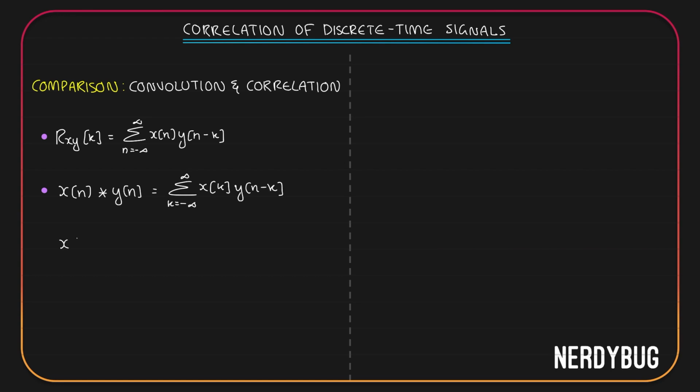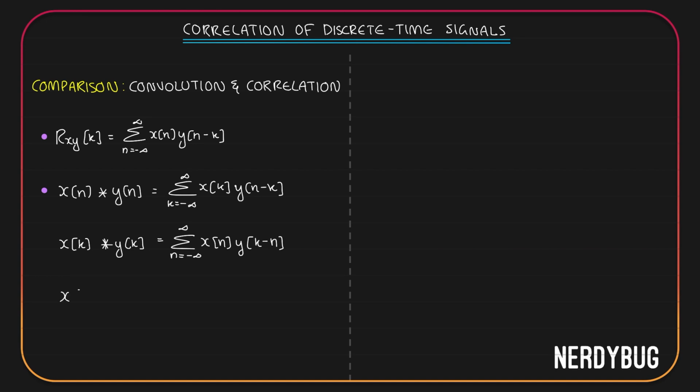What if I want convolution of x of k and y of k? Then we'll change all n's into k and maybe we can change all k's into n. So our summation will be from n equals minus infinity to infinity. X of k will become x of n. Y of n minus k will become y of k minus n.